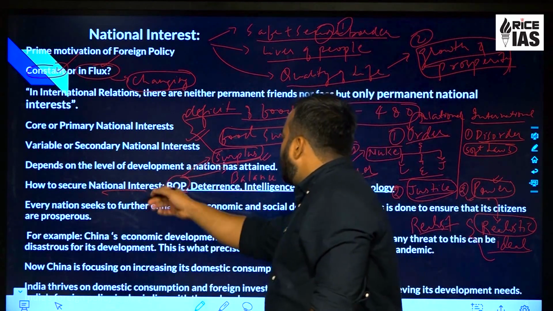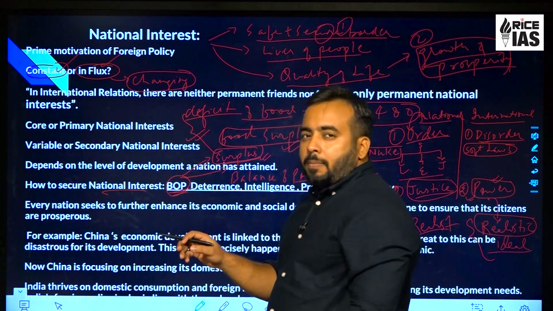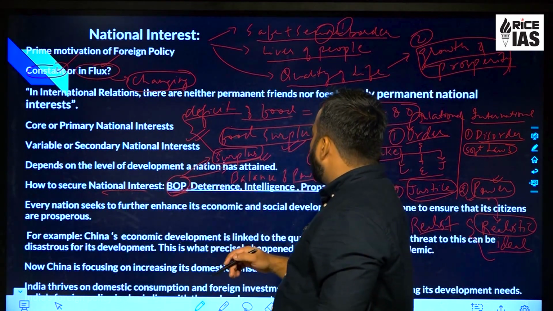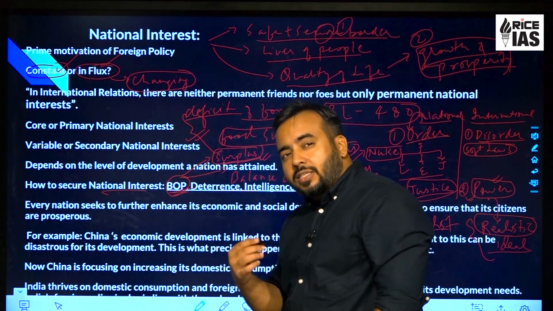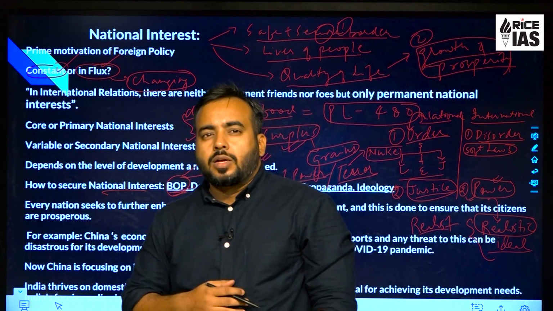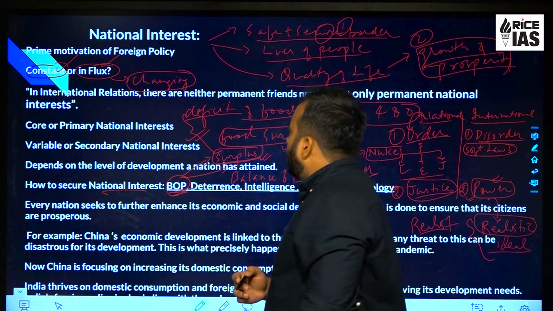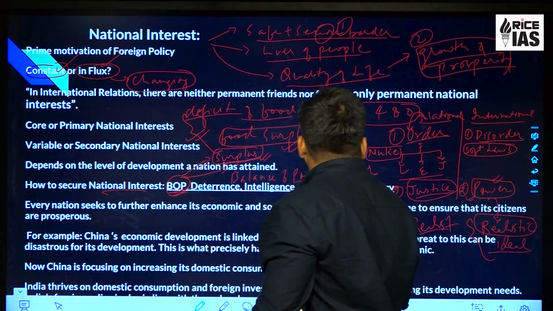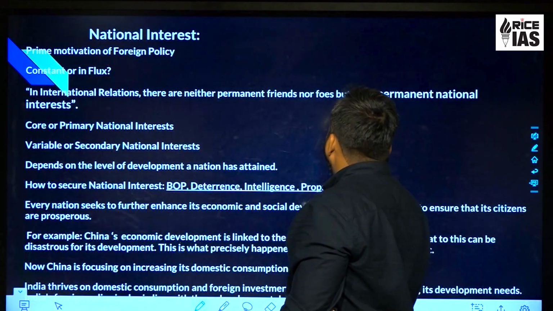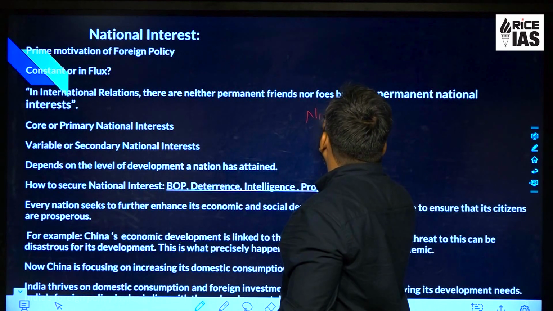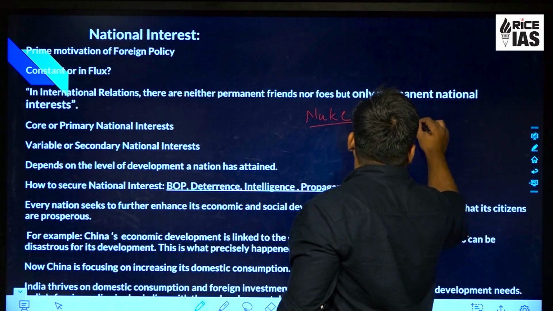So to secure national interest, a country might accumulate weapons, conventional and unconventional. Deterrence, for example, nuclear deterrence. What is nuclear deterrence? Sometimes it is argued that nuclear weapons lead to peace.